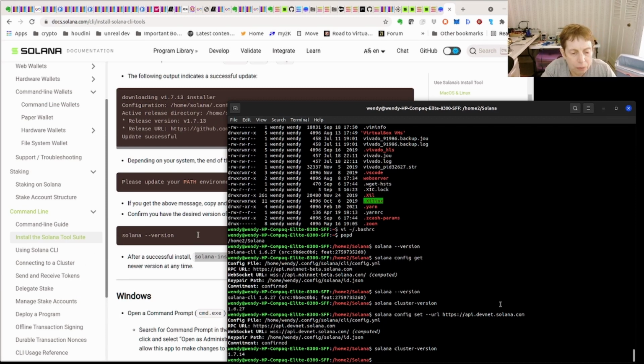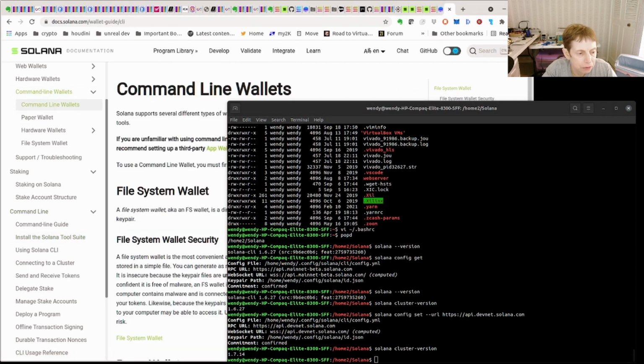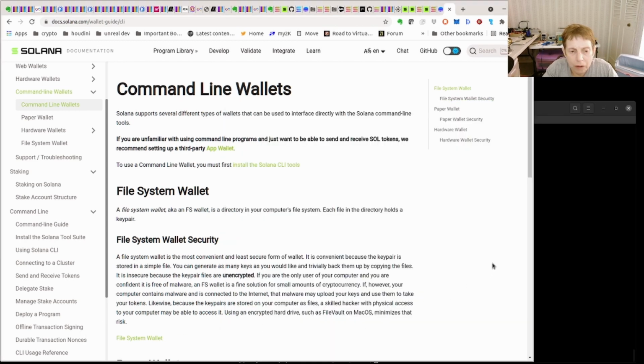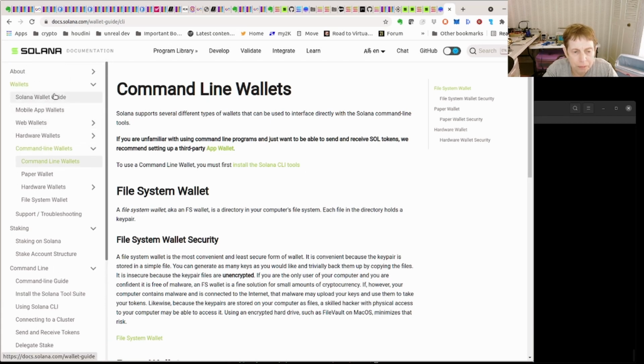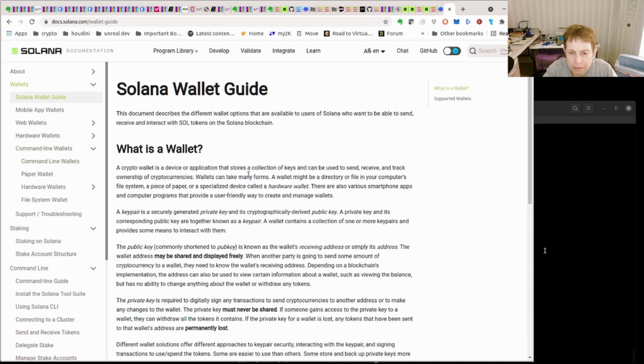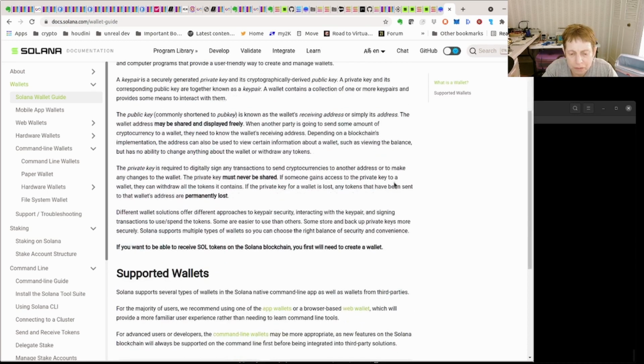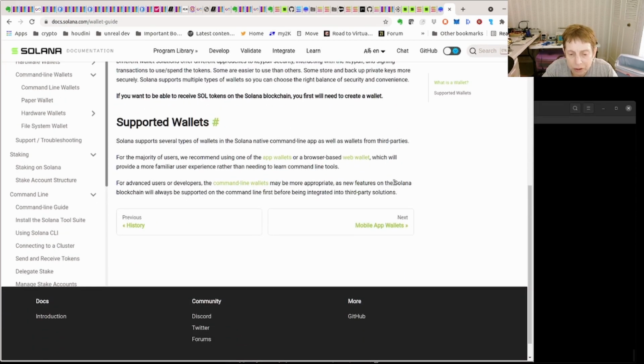The next thing I want to talk about, now that we're on the devnet, is wallets. So let me make sure you can see the text. Okay, so there are a number of different kinds of wallets that you can use with Solana. That's where you keep your keys, you keep track, and obviously you use them on every crypto.